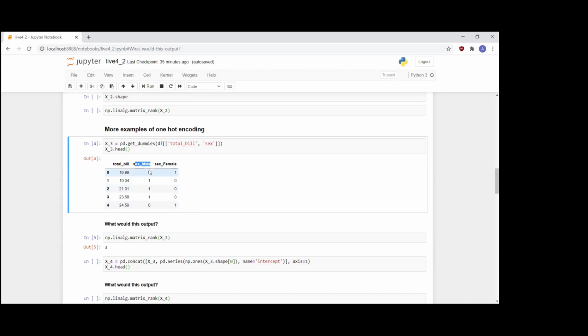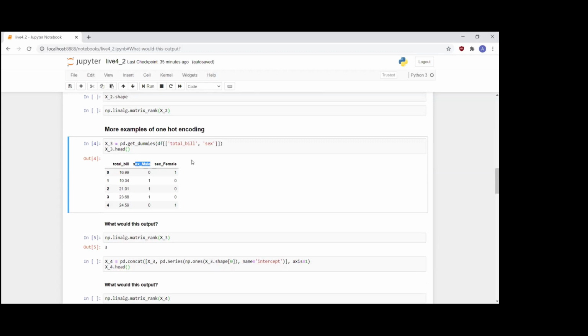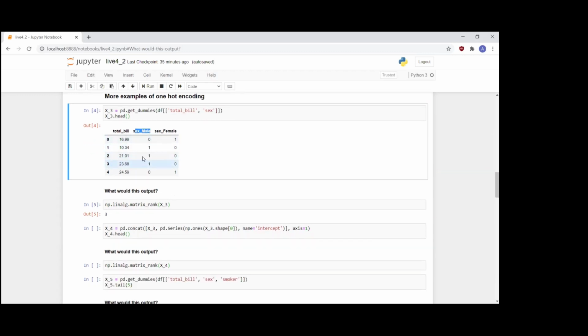If female is 1, then you know male is 0. If female is 0, you know male is 1. But the trick here is that we don't have a column of 1s, so there's actually no linear dependence here because I can't construct this column using this column. I can't take a multiple of this column and make this column.